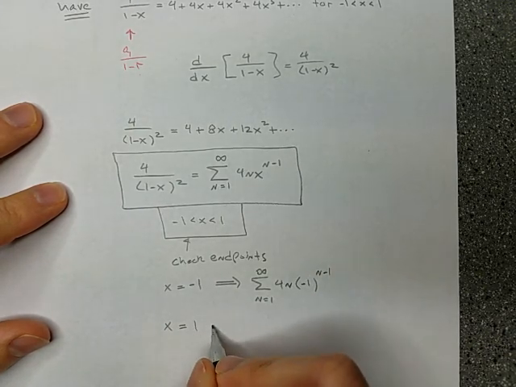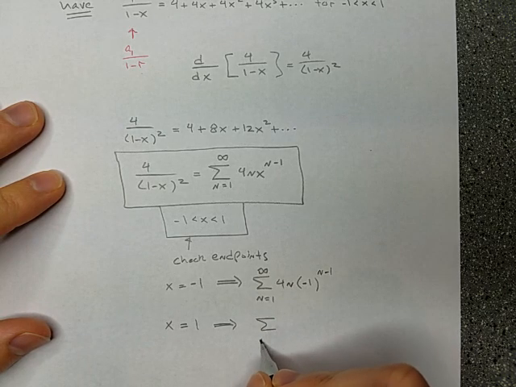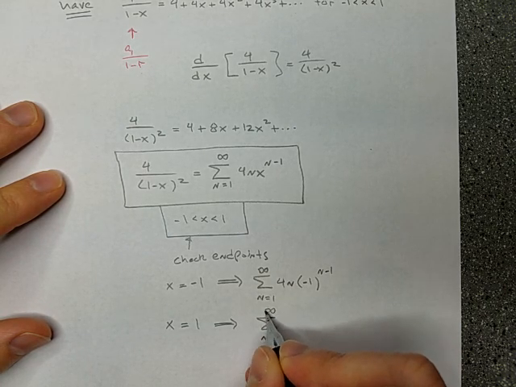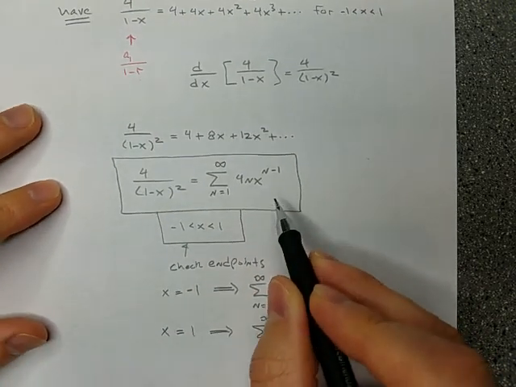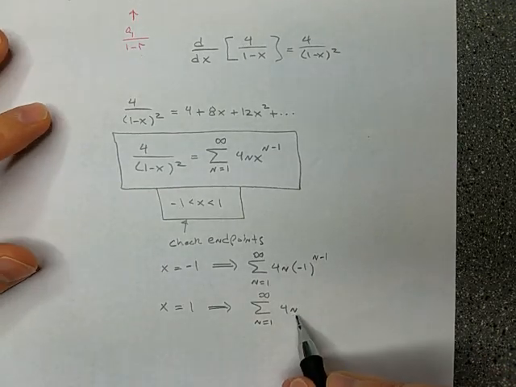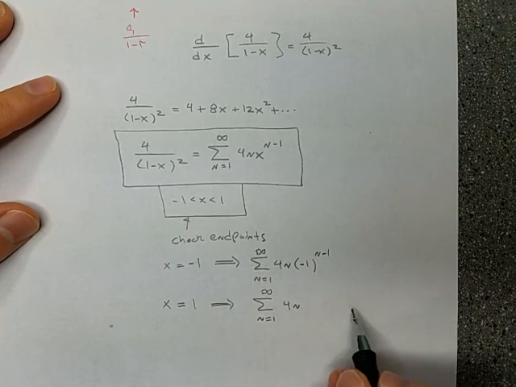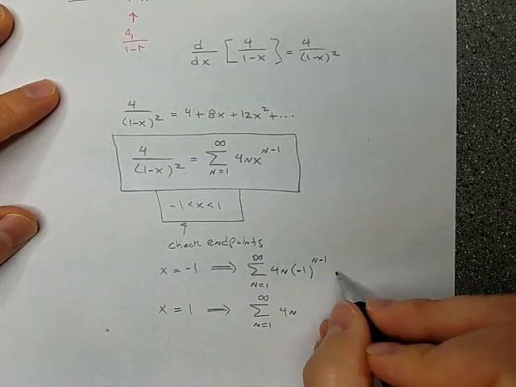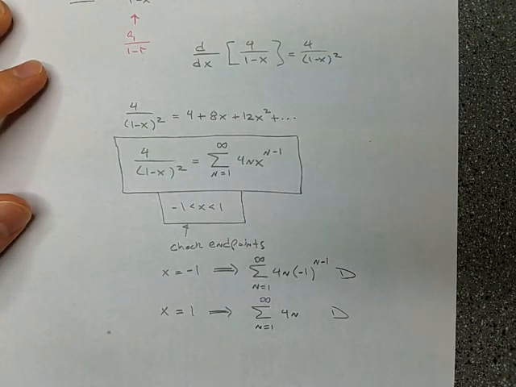All right, what about 1? That's just going to be the series from 1 to infinity of 4n, because if x is 1, it's 1 to various powers, which is always going to be 1. What's that look like? 4, 8, 12, 16. If you add all that together, it's not going to converge. Both of these diverge, so we don't need to update that interval right there.